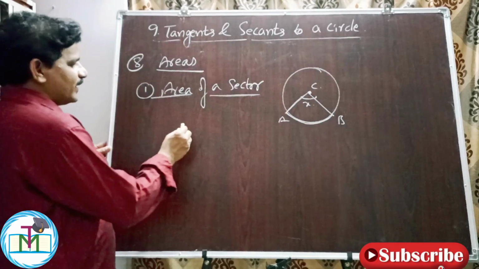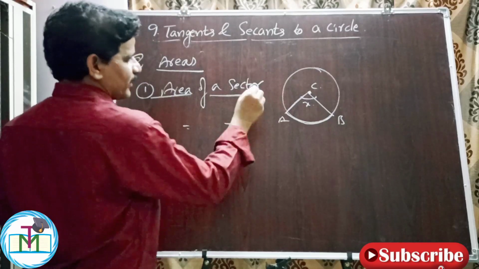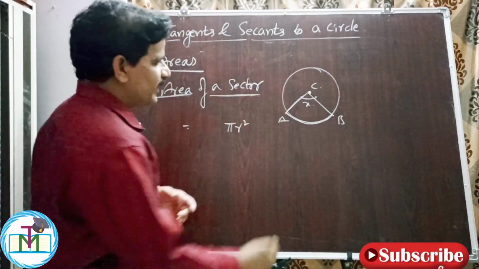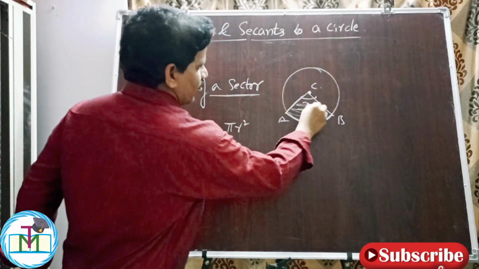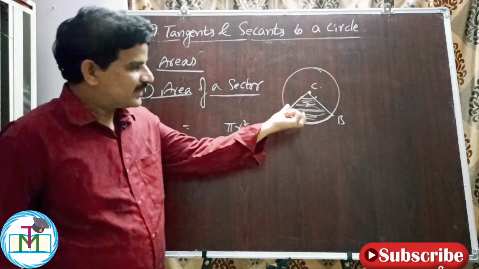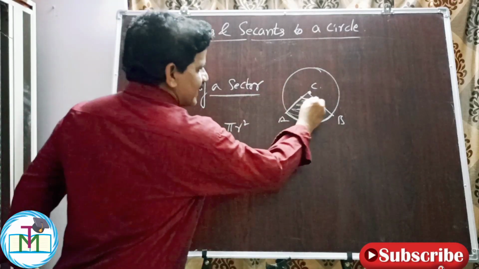Normally, what is the area of a circle? Full area of the circle is pi r square. But I want only this much area. For the area of a circle, it is for 360 degrees, but I want only x degrees.